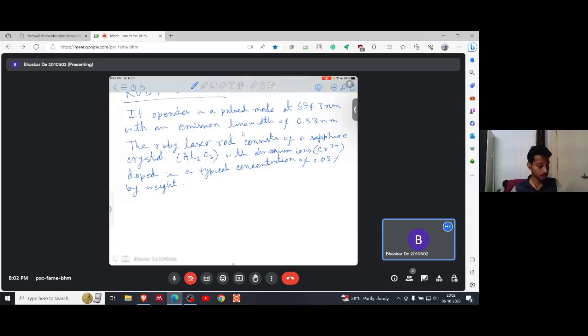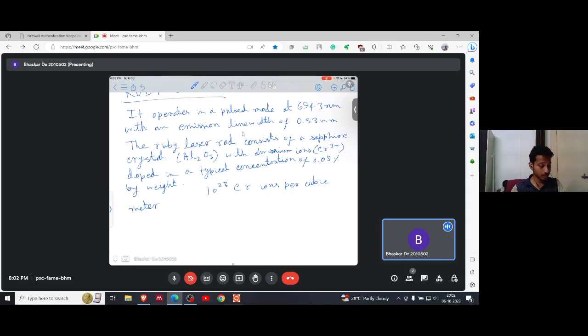At this concentration there are approximately 10 to the power 25 chromium ions per cubic meter.